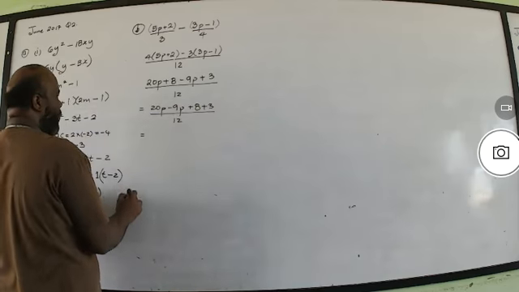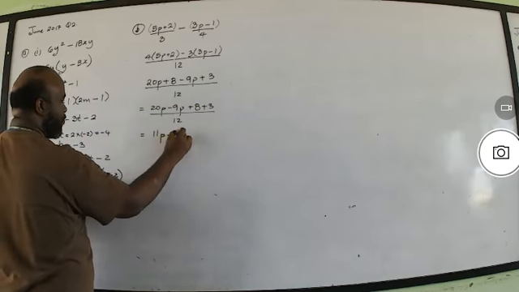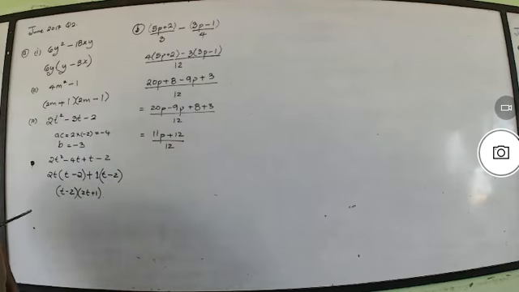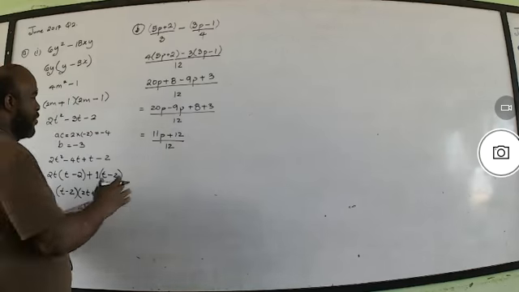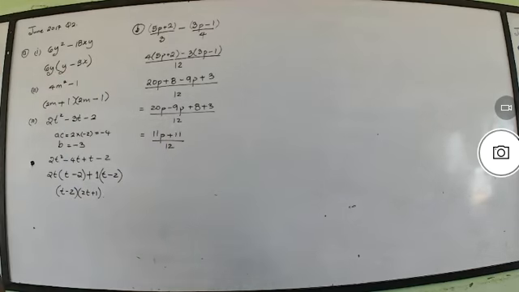What is 20p minus 9p? 11p. 11. Can this be simplified further? No. That is the answer.